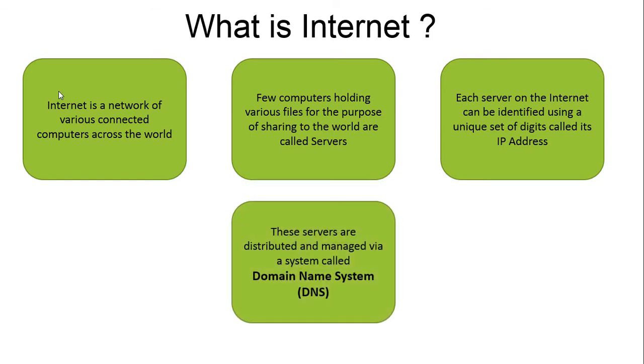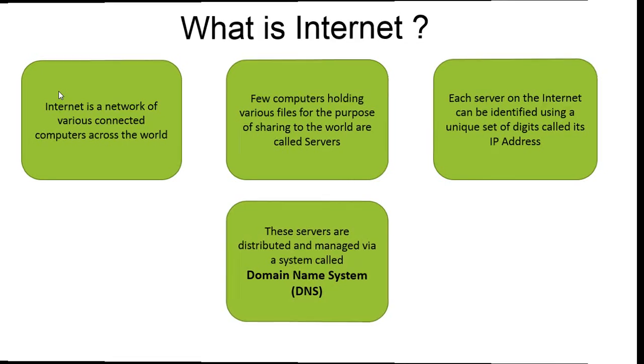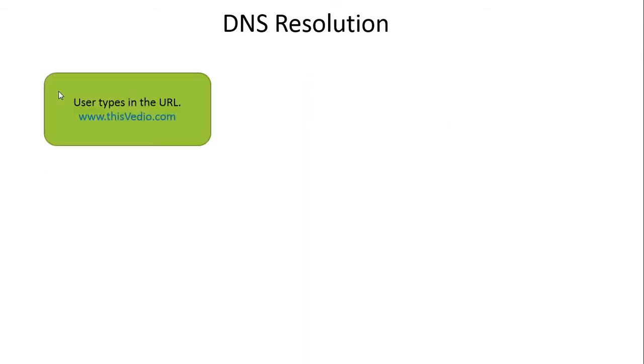Now, these servers are distributed and managed via a system called the domain name system. So this domain name system is the key factor for your browser to locate a server or to identify the IP address of a server on the internet. Now, this entire process of finding out the IP address is known as DNS resolution, and this starts right from your browser when the user types in the URL.